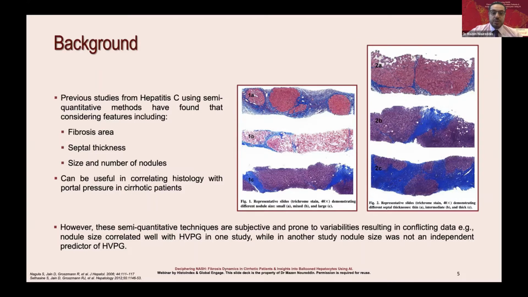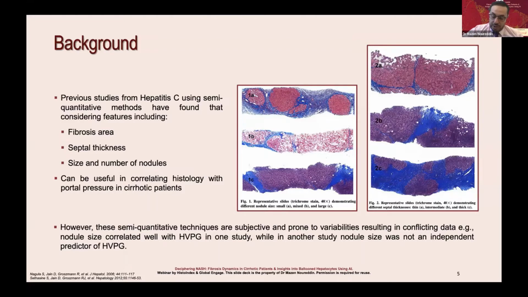And she has done research on mainly hepatitis C in the 2000s era, where the number of patients was limited in that study. And she concluded an important finding, that she found in some studies that nodules correlated with HVPG. At that time, they were measuring HVPG as a surrogate biomarker of outcomes. And in other studies, it did not.